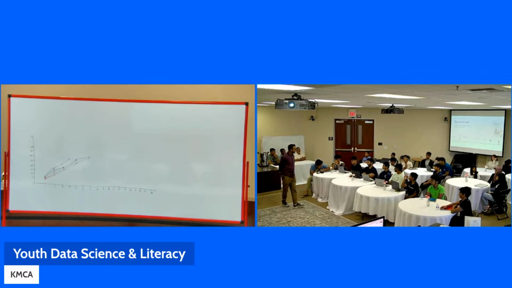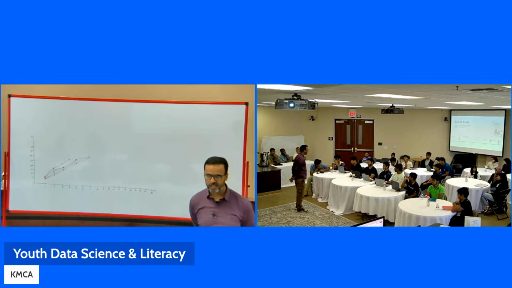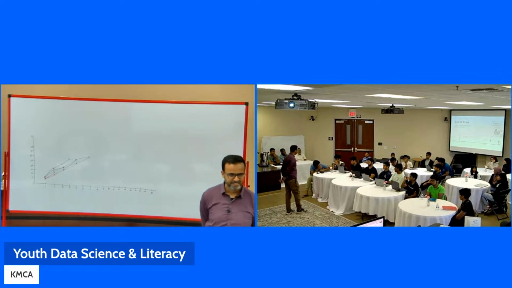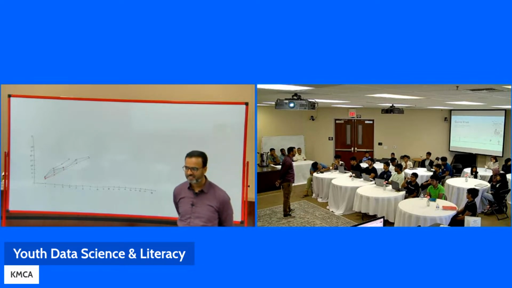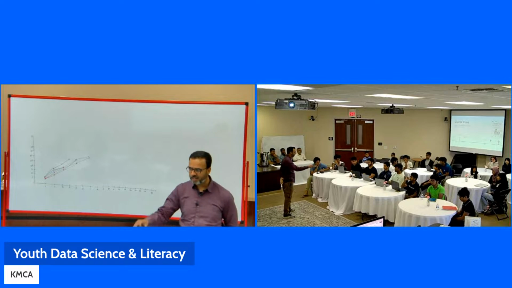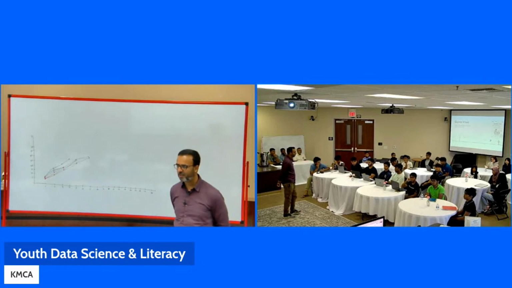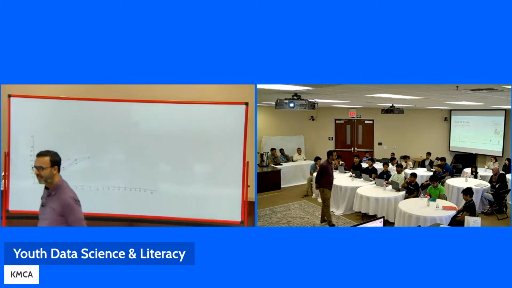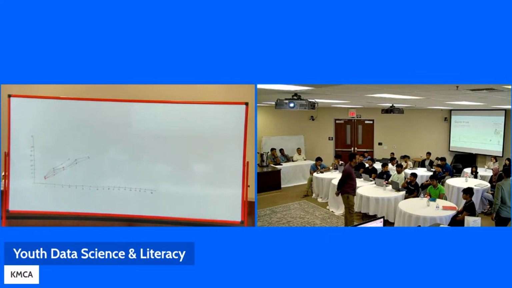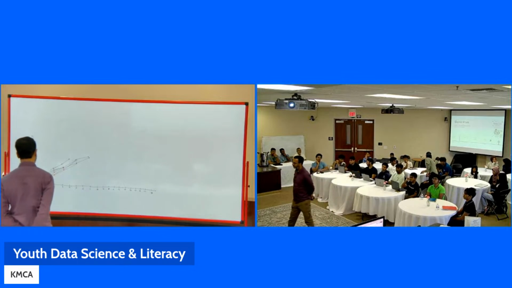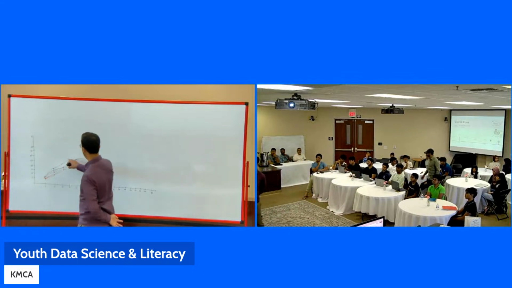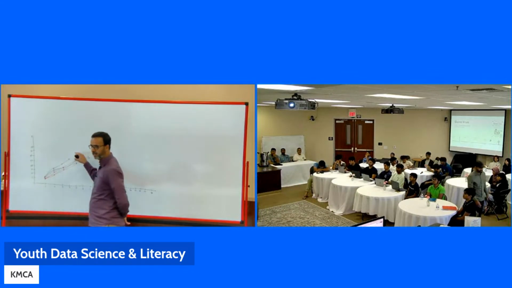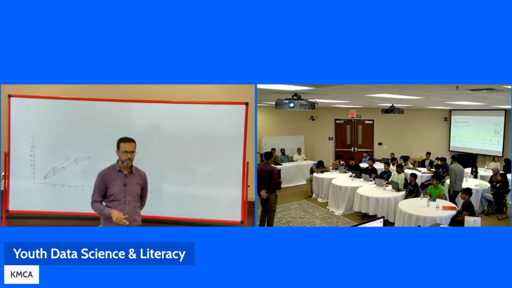Is this the right answer? Anyone else can answer this? Did you find? Okay, what is the answer? Yeah, 5.75. So if we add 5.75 over here to 23, you'll get 28, right? So this is how we take care of the missing data.